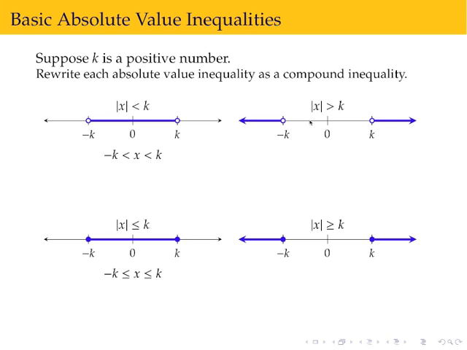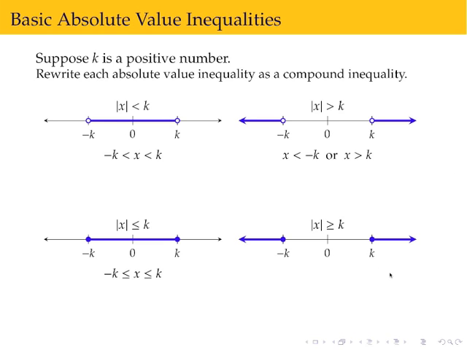Now over here, where we have two disjoint intervals, we have to express it as two disjoint pieces. Either x is going to be less than negative k, or it's going to be greater than k.